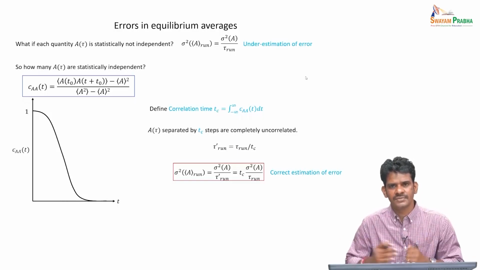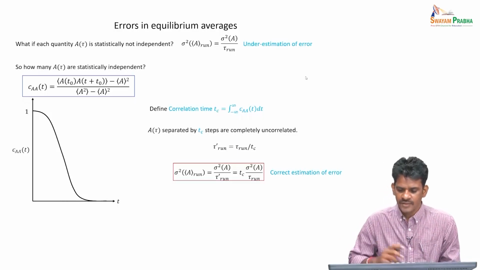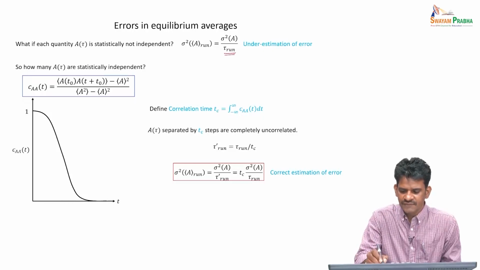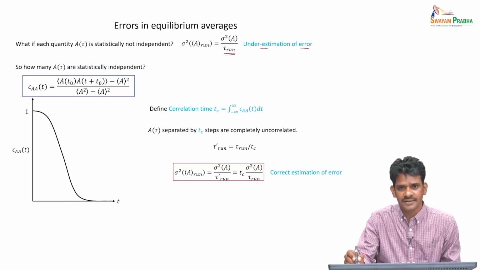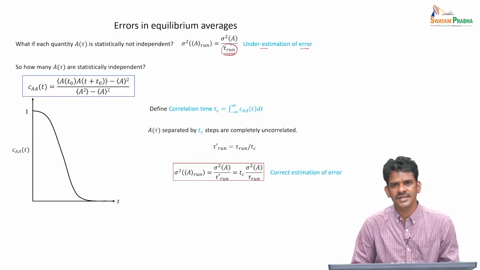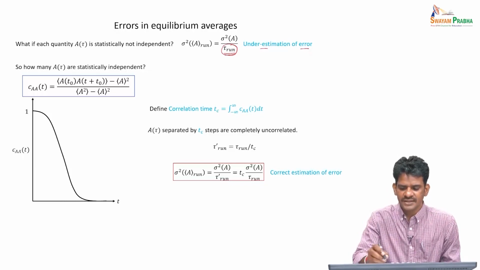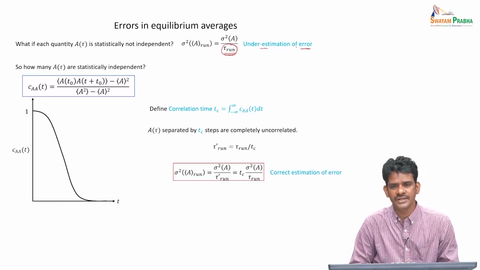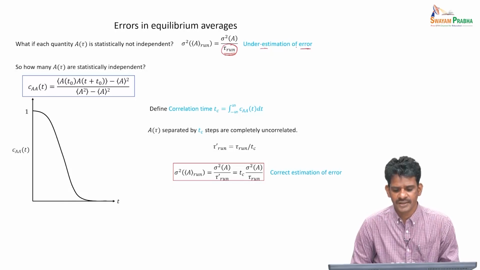Then with this formula we would have underestimated the error, because not all these data sets are statistically independent, only some of them are. Say only half of them are independent. Since we are dividing sigma square by tau n, we are going to underestimate the error, which leads to an erroneous calculation of the error itself.